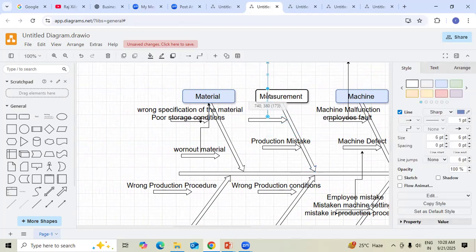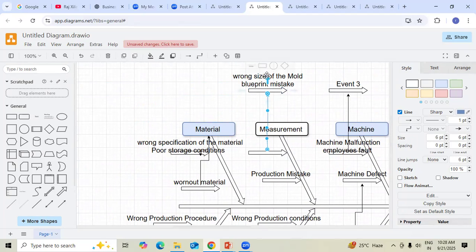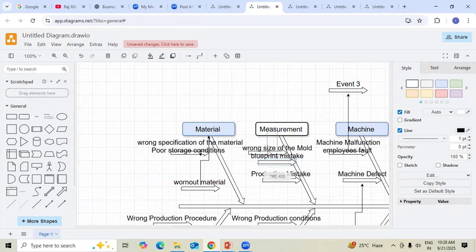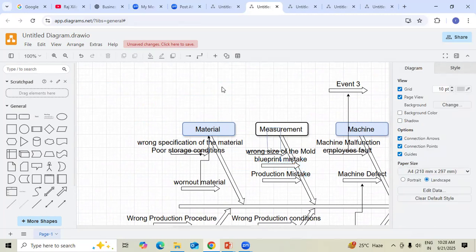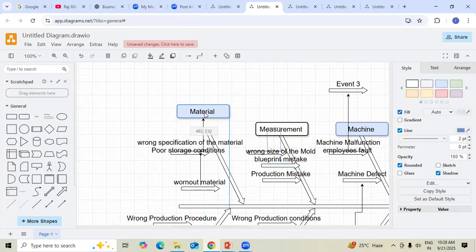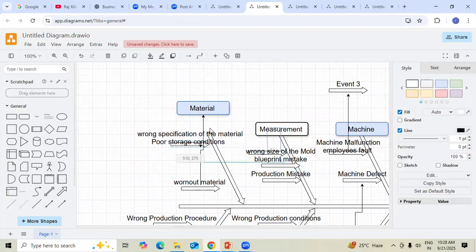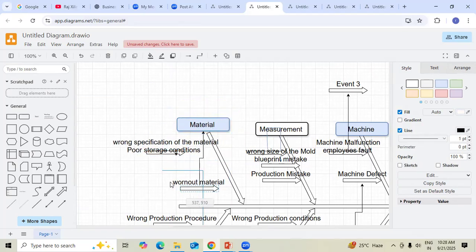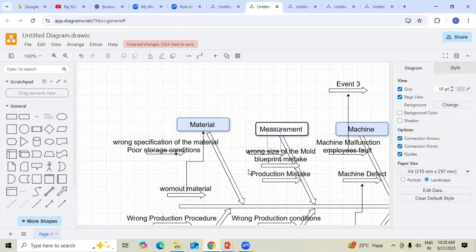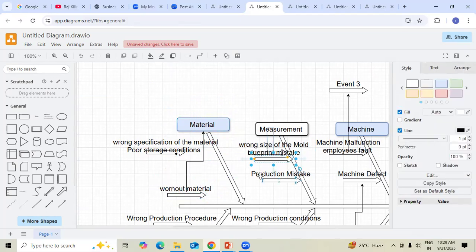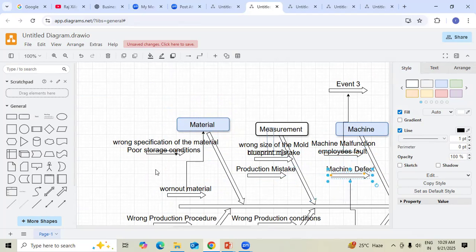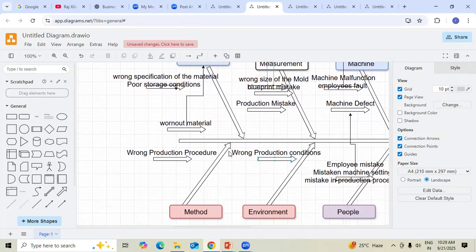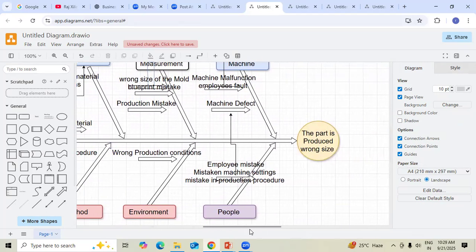So this is the event I have taken, event two. Right. So this is how generally the fishbone diagram is to be created.